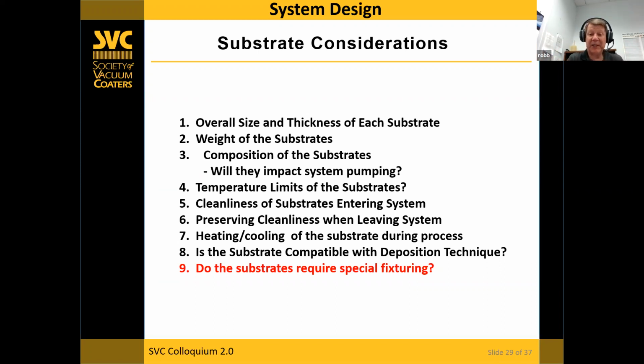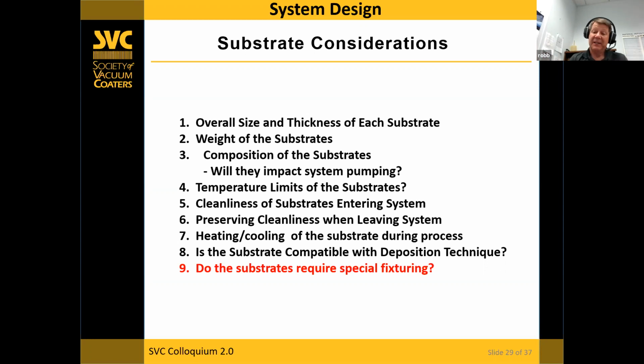And every time we tried to coat it with chromium, we would get an ugly looking film because the part was outgassing. As soon as it saw a little bit of heat, it started outgassing like a banshee. And there was no way the film could stick to it. And there was no way the person would allow us to heat treat the substrate or bake it out before we put it in the vacuum system.